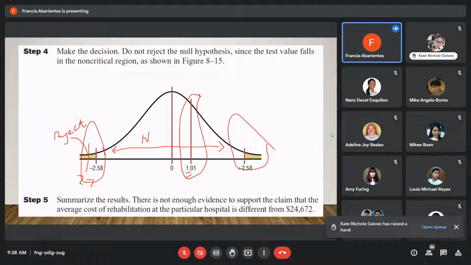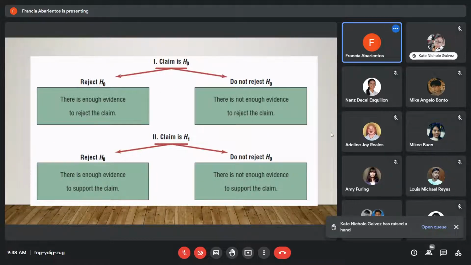Okay? So, next is, this is an example of, in concluding the given hypothesis, class, we have this. In claiming that if our claim is in alternative, null hypothesis, for example, pag nag-fall siya sa rejection region, class, we automatically reject the HO.